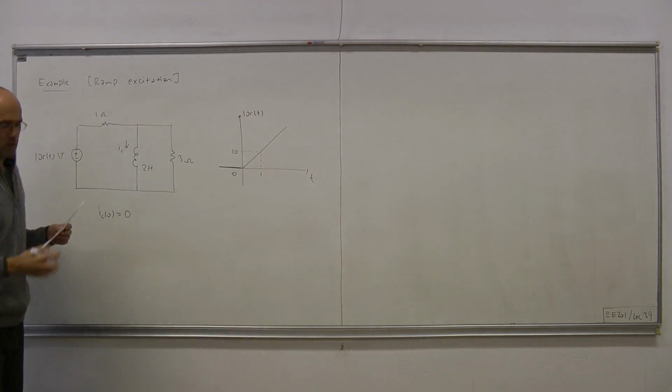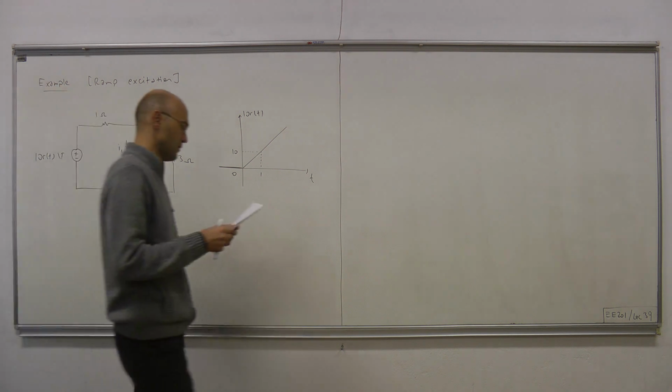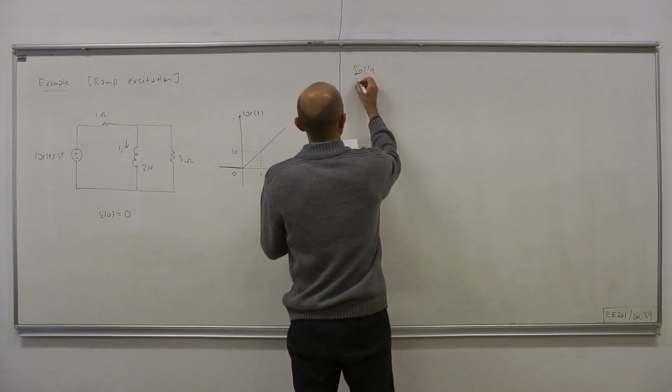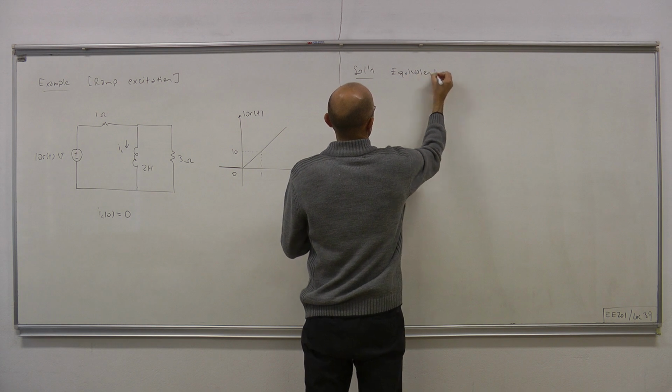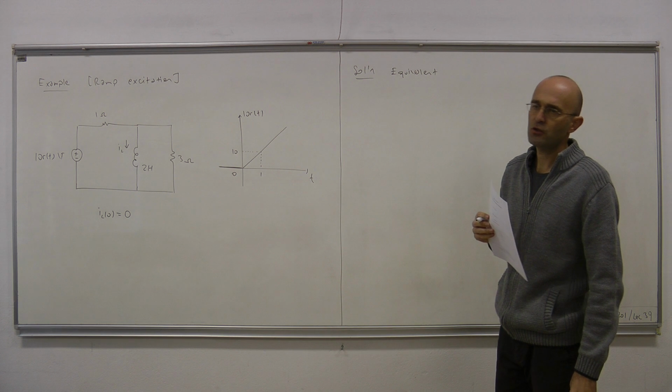Okay, so let's obtain the differential equation, as it is the first step in almost all of our examples. And to obtain the differential equation, let's simplify the circuit a little bit.